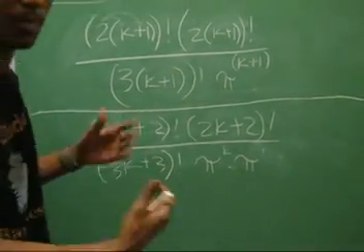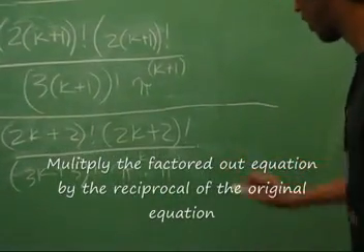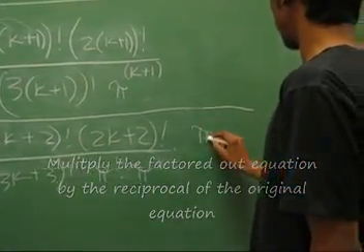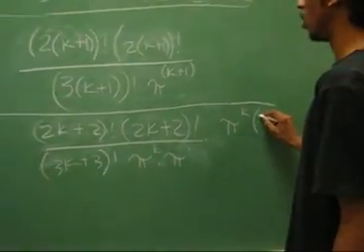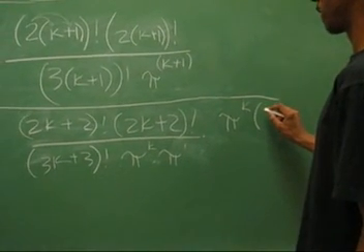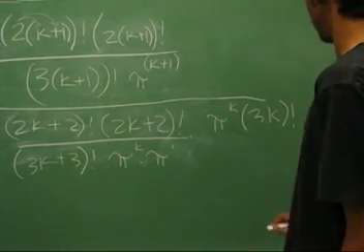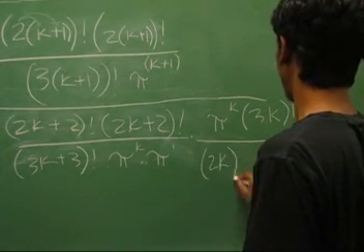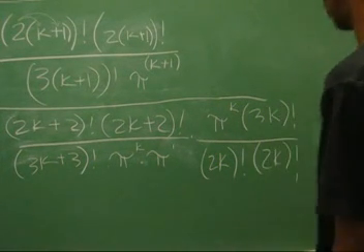Now we're going to multiply with the reciprocal, the same problem as I said earlier. The reciprocal would be the k times 3k factorial over 2k factorial times 2k factorial.